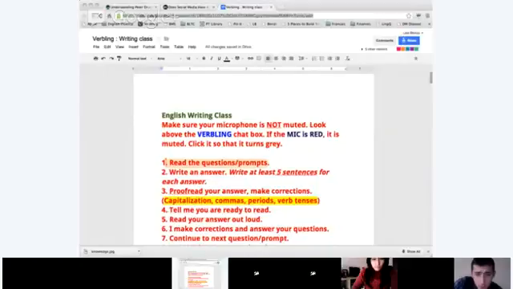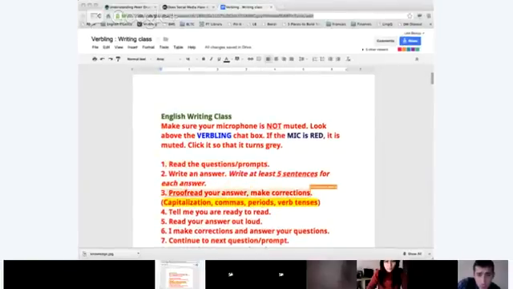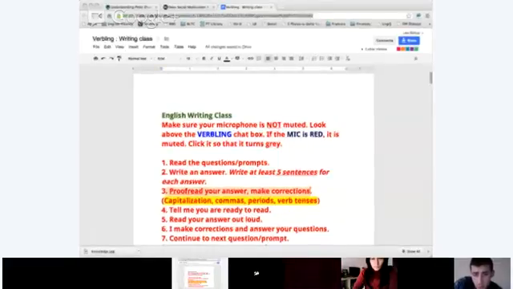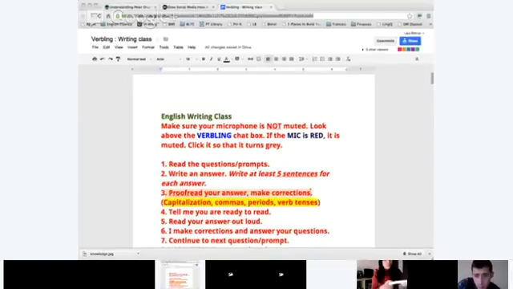A couple of things you also might want to check so that you know how to use your microphone. Sometimes when you come into the Google Hangout, when that opens that window for you, your microphone is muted. There's lots of different places that you can find that. One is above the Verbling chat box. There's a microphone, and if it's red, then it is muted and I can't hear you. You can mute your microphone if you have background noise, and when you want to speak, make sure that the microphone is gray.